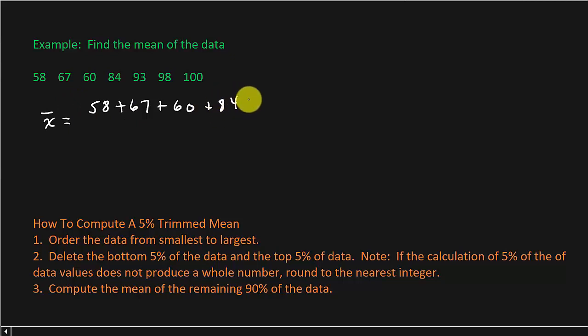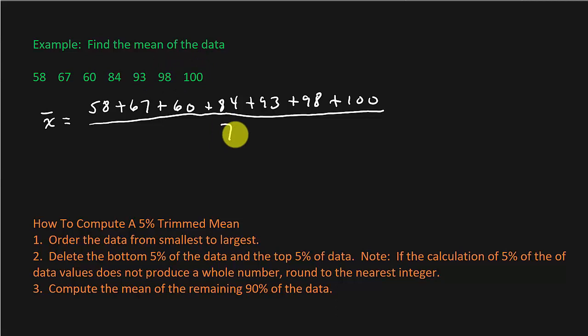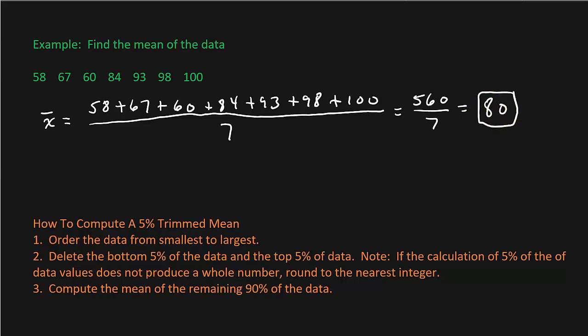Plus 84 plus 93 plus 98 plus 100, and that is divided by 1, 2, 3, 4, 5, 6, 7. So we just added them up and divided by 7, and that is going to be 560 over 7, which is equal to 80. And that's your average, or your mean.